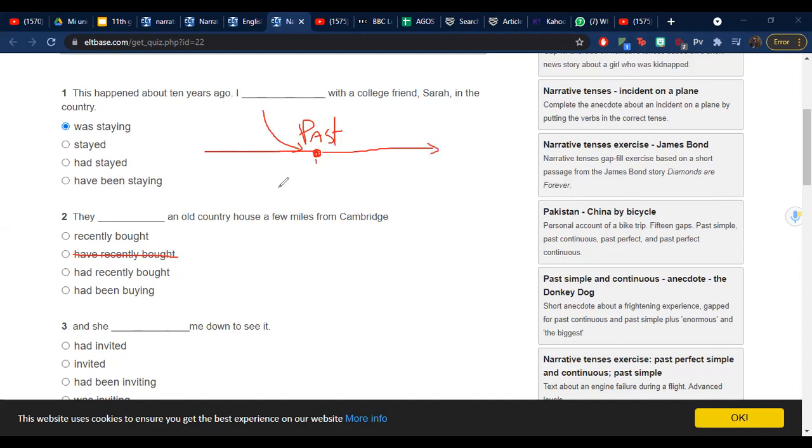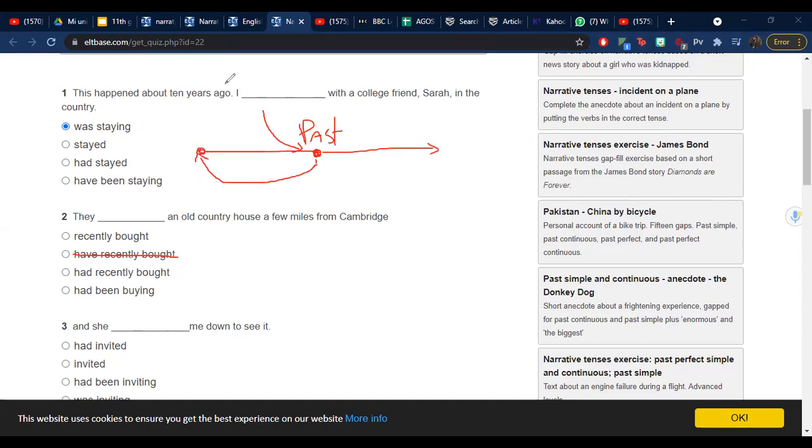Now, the family bought the house before the main event or afterwards? Anybody? Before? Yeah, absolutely, before. So maybe they bought the house here, right? We don't know when, but this is the past perfect.